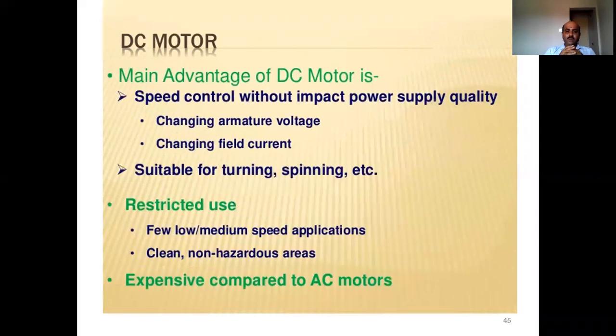The main advantage of a DC motor is speed control without impacting power supply quality.